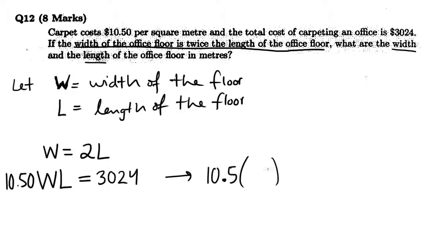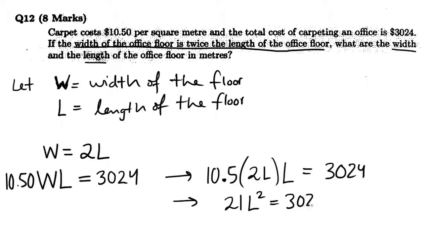And then I'm going to replace something for W, but the rest I'm leaving the same. I'm going to keep my L here and I'll keep my 3,024. Now, what do I replace for W? Well, W is equal to 2L, so certainly I'm allowed to replace W by 2L. Let's clean this up. What is 2 times 10.5? I think it's 21. L times L is L squared. So we obtain this.